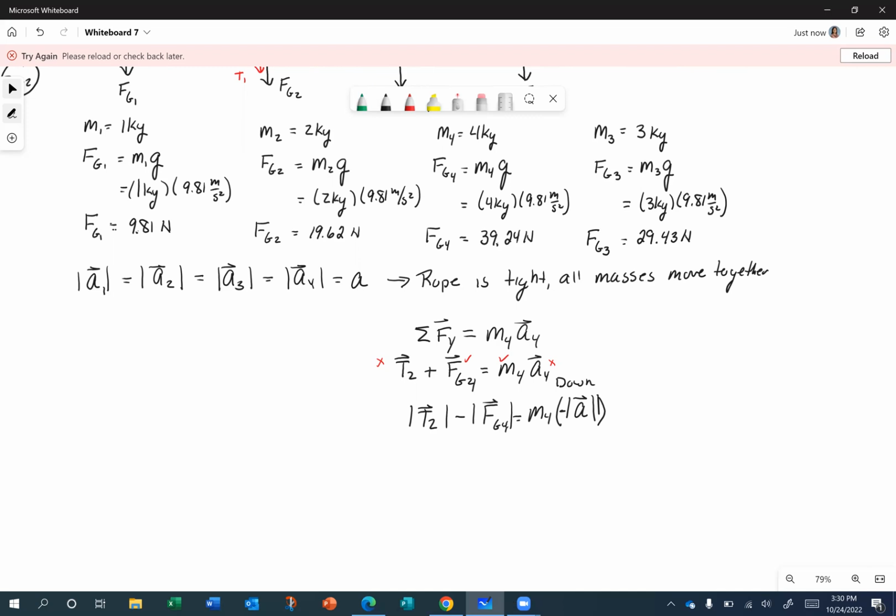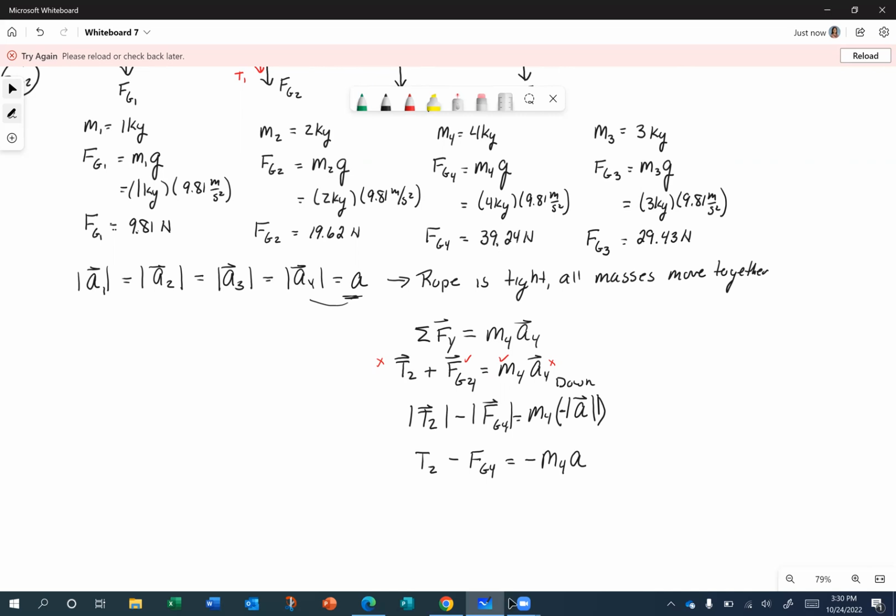So we get T2 minus FG4 equals negative M4 times A. Because we called A up here what we're representing all of our accelerations with.